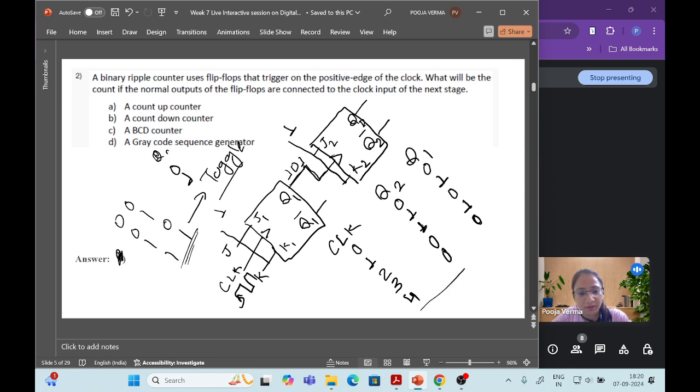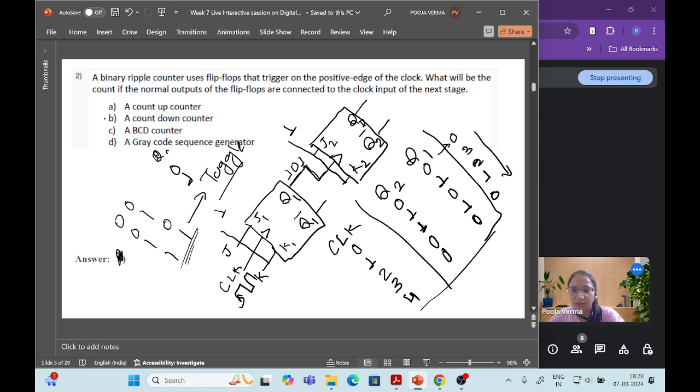So from here we can see the outputs: initially 0, then 3, 2, 1, 0. That means it is down counting, right? 3, 2, 1, 0.